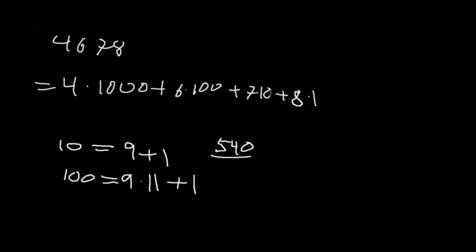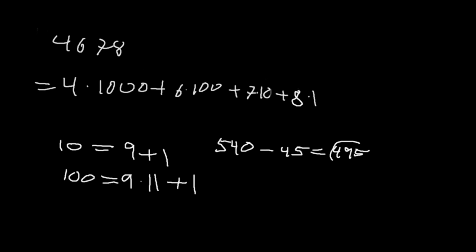When we subtract a multiple of 3 from this number, let's say 45, well, the remainder of the original number and the new number, which here is 495, is still the same when divided by 3. Here we can confirm.